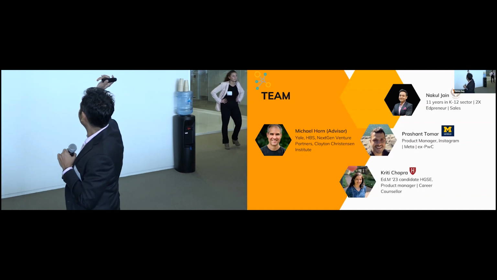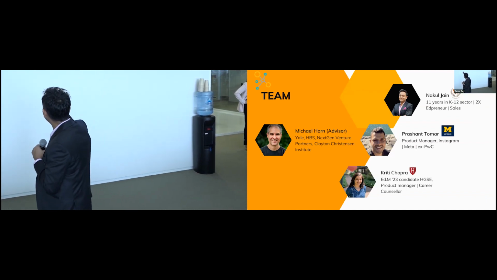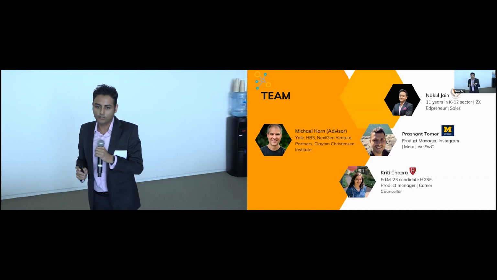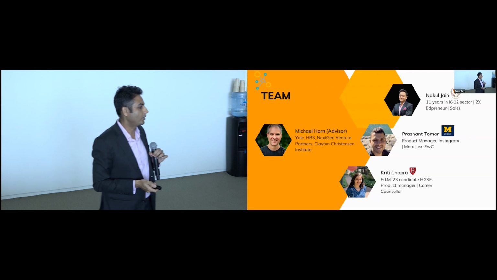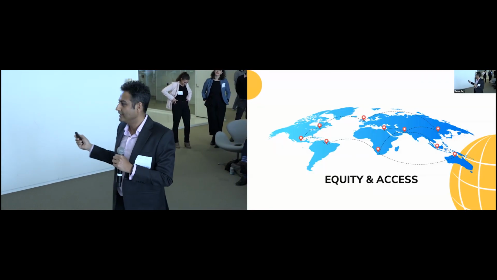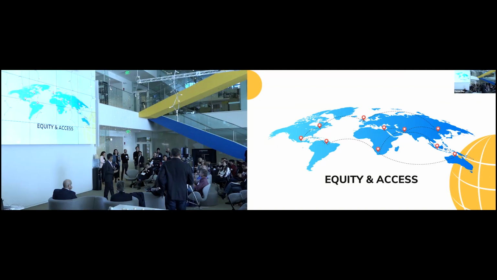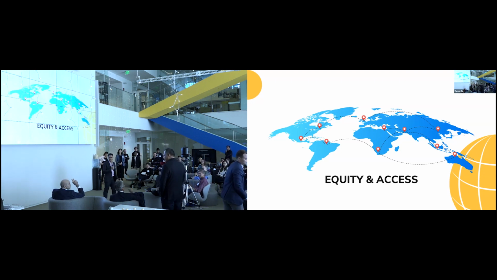And my teammates are a product manager at Instagram, another candidate at Harvard, and our advisor is an authority in the education industry who's written books on solving these problems itself. And I'm ready to take questions.